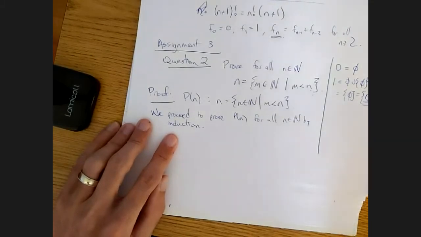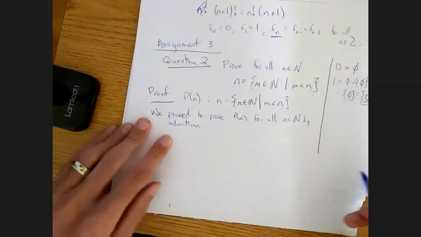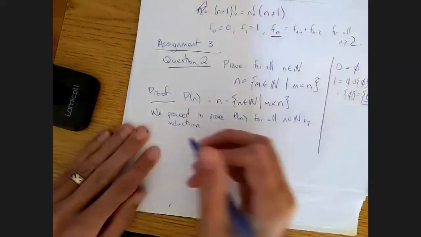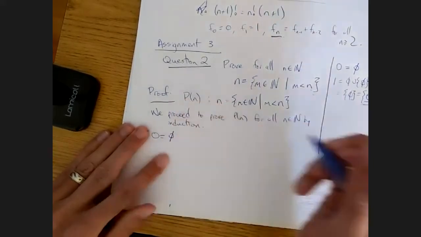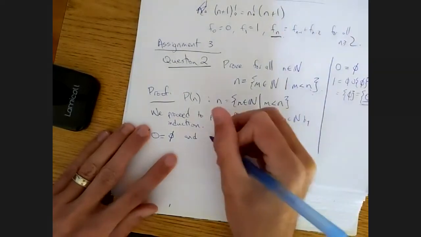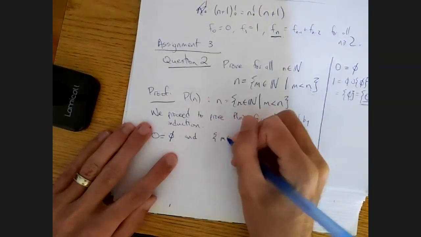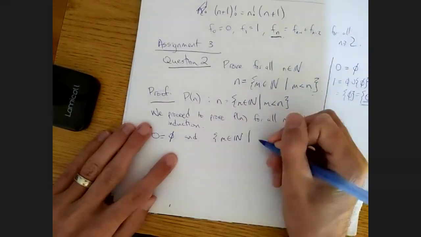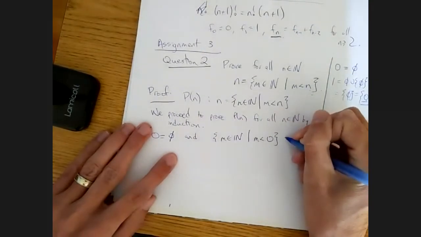Okay, so we want to prove this is true by induction. First of all, for P of 0, 0 is just defined to be the empty set. Also, if you look at all the natural numbers less than 0, that is also the empty set.